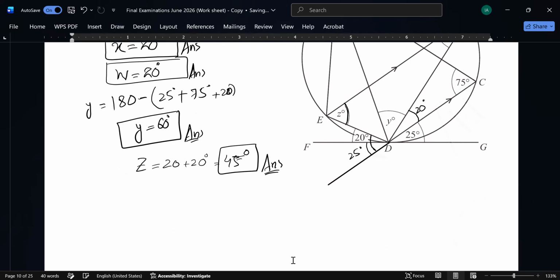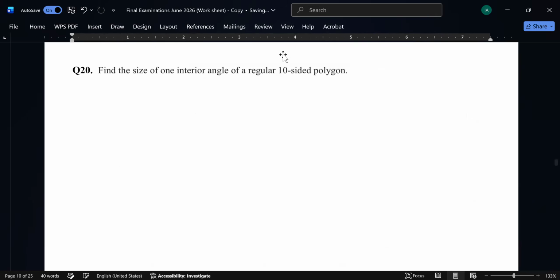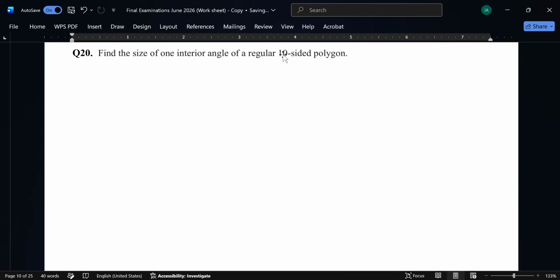Now we move on to the next diagram. Now we have another question. The size of the interior angle of a regular 10-sided polygon. Okay, for each interior angle of a regular polygon, we use a formula that is (n minus 2) over n times 180. This is the formula by which I can find an interior angle, where n represents the number of sides and we have 10 sides.